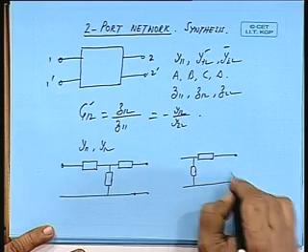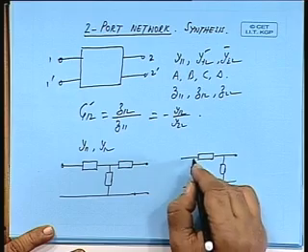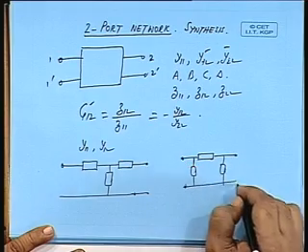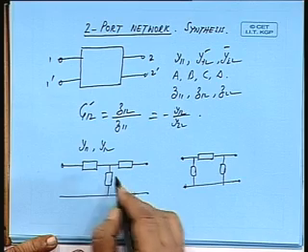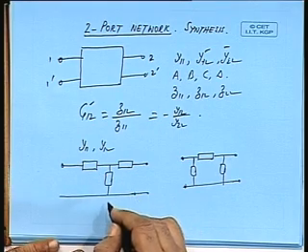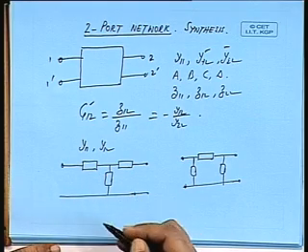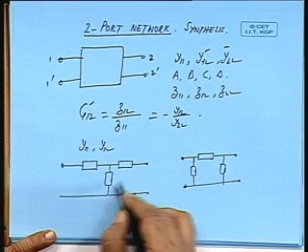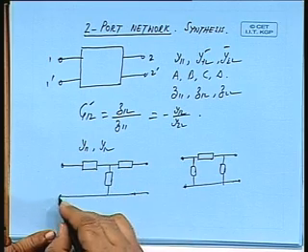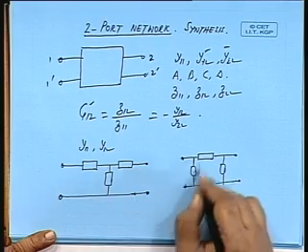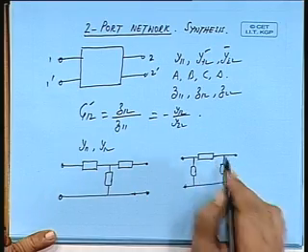From a T you can always find a pi. This is a star to delta or delta to star conversion. Normally, if you are given the specifications in terms of Z parameters, you go for an equivalent T. This is easier. Similarly, for Y parameters, we go for a pi network.